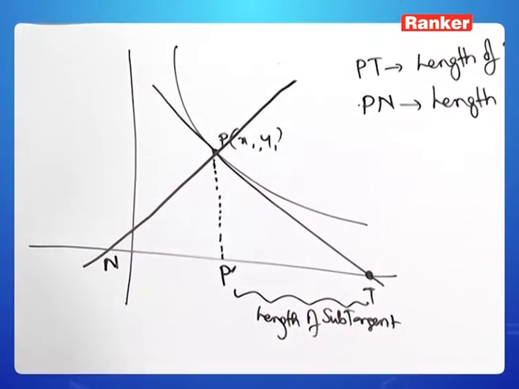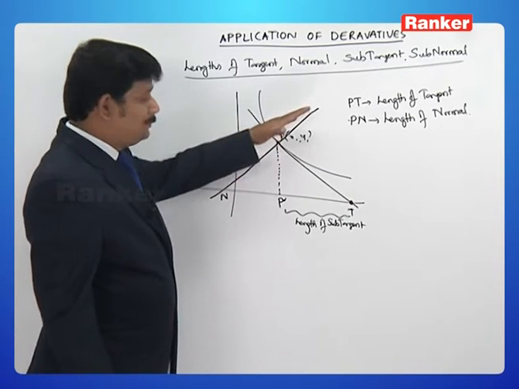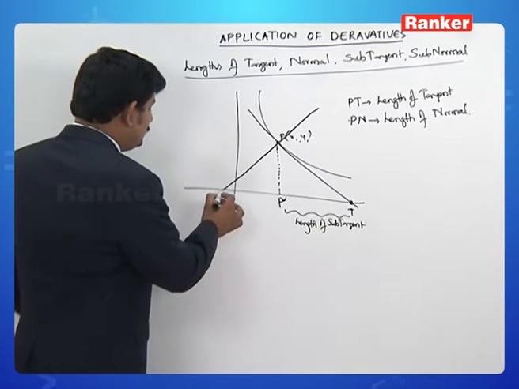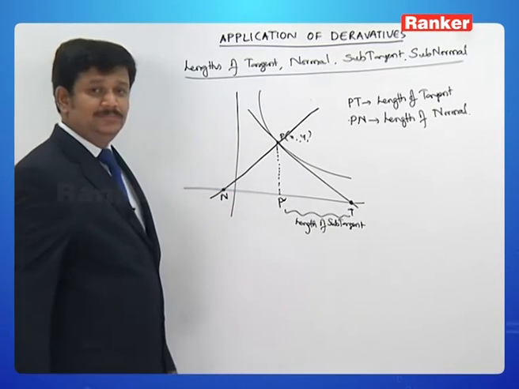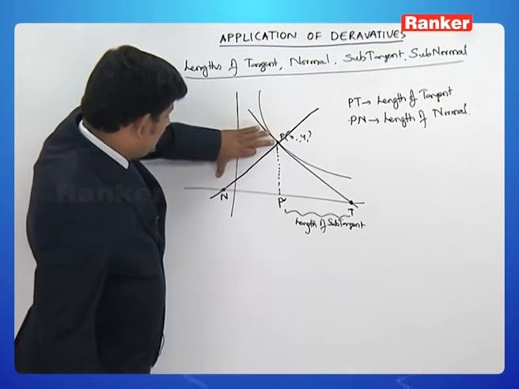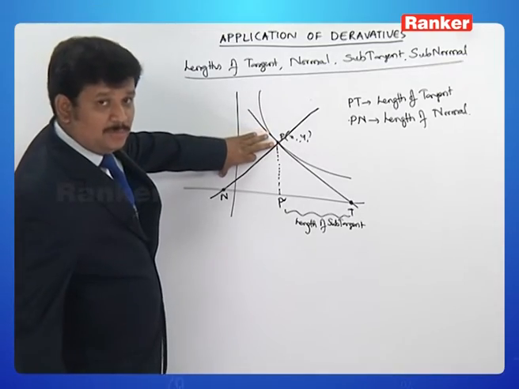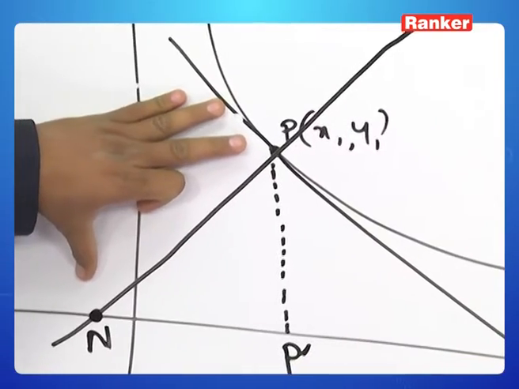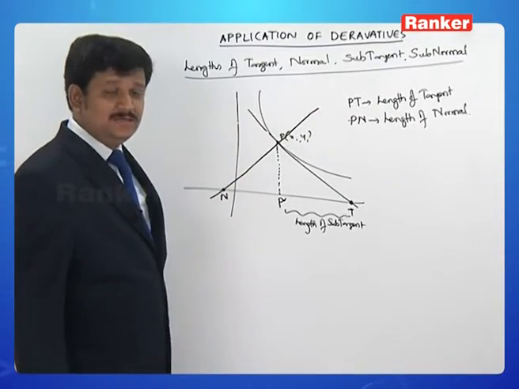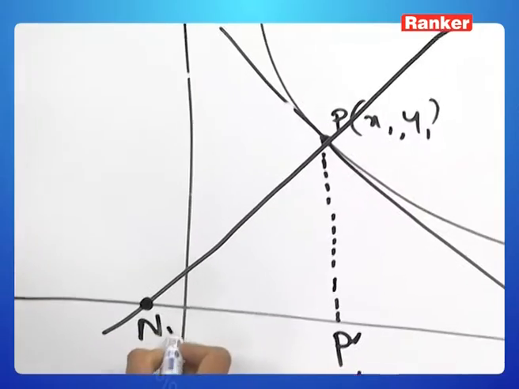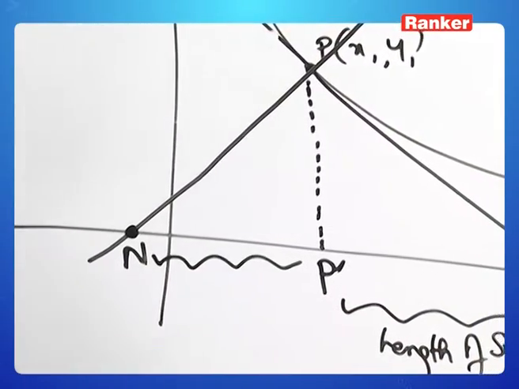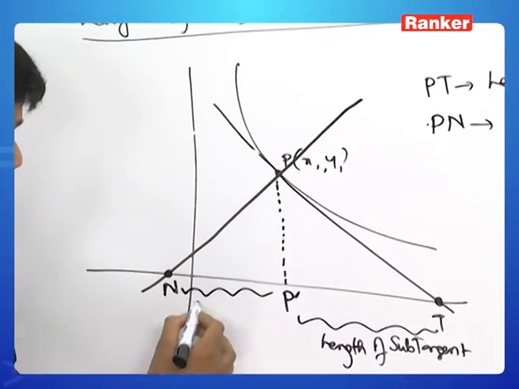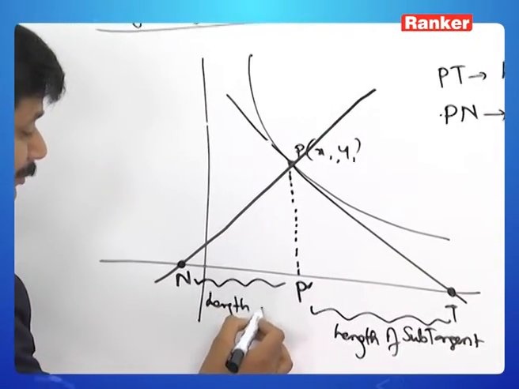To find length of subnormal, draw normal at P. Let's say the normal cuts x-axis at N. The length of PN we already discussed, it is called length of the normal. Projection of PN on x-axis is called length of subnormal. P dash N is called length of subnormal.